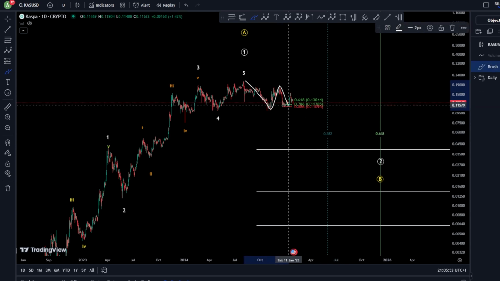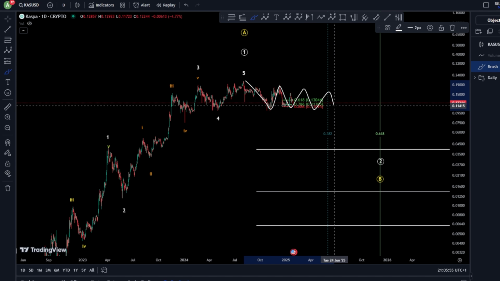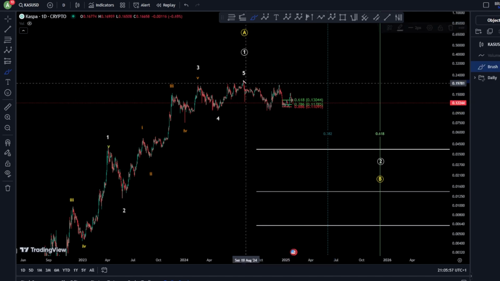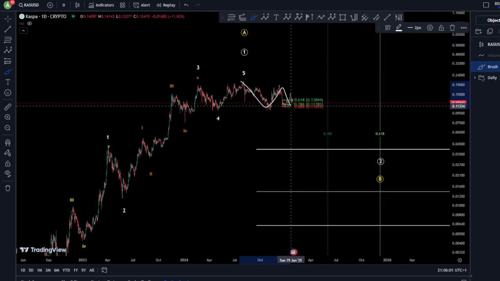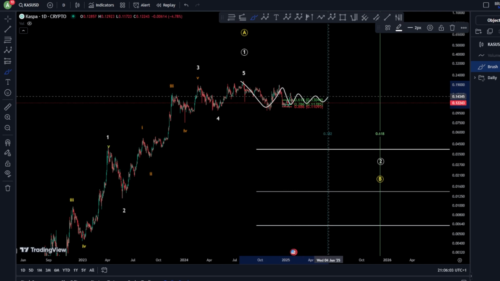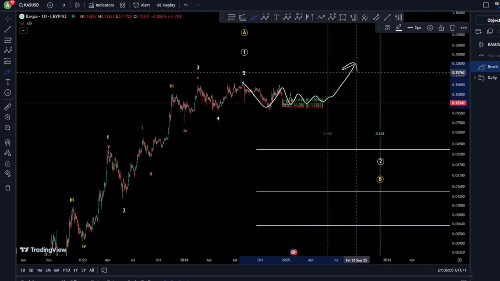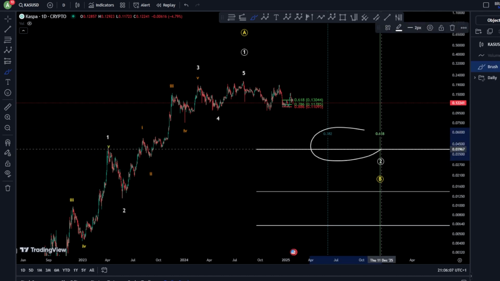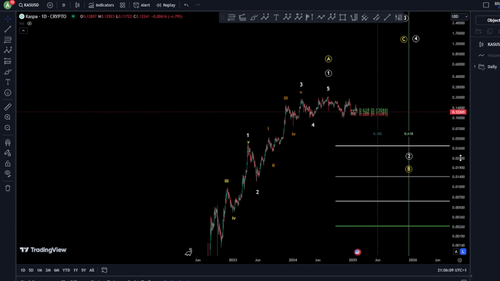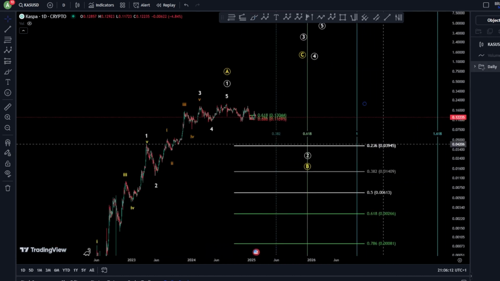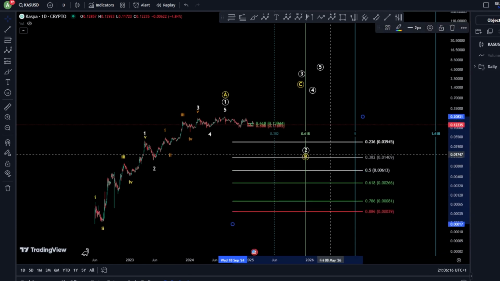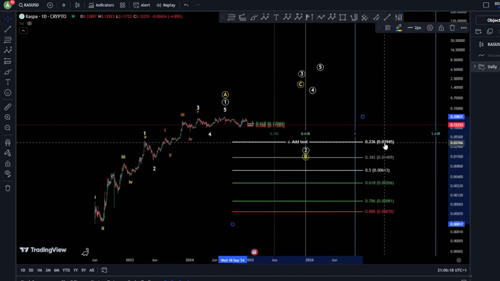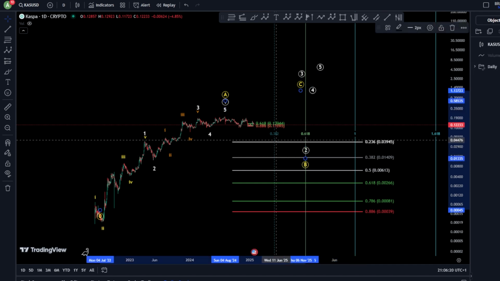Now, if this is going to expand in an even sideways range, it might create a kind of triangle or a W, X, and a Y, and then moving toward the upside without even moving a little bit lower. However, preferably we move lower to the 0.23 fib level, at least for a wave 2, where you want to reach a wave B or a wave 2.